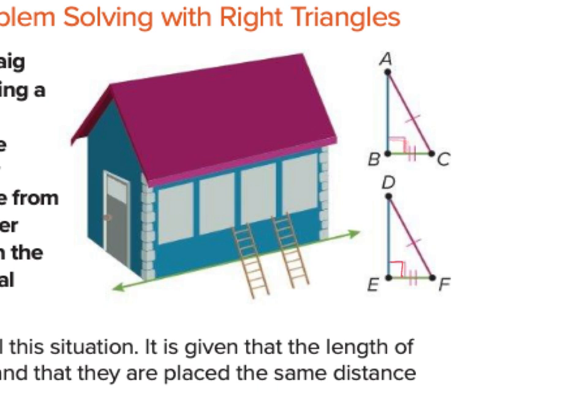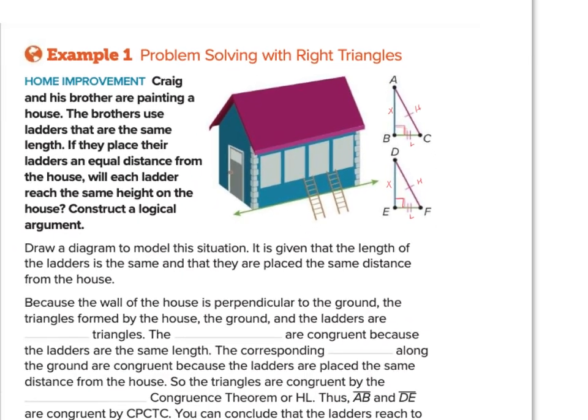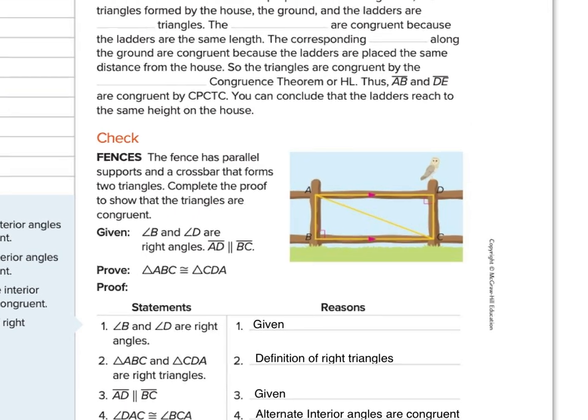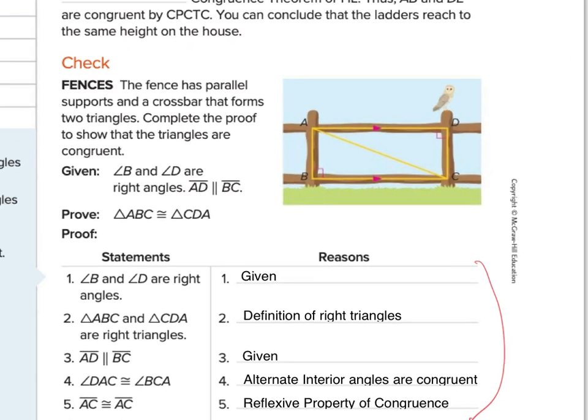So now I have a hypotenuse, a leg, hypotenuse, leg, and that right angle. So we have enough to prove a congruent triangle, so whatever this height is going to be the same. So yes, it would be placed at the same location on the house. Here again, we are not going to do this, but we need to understand our definitions and use them.